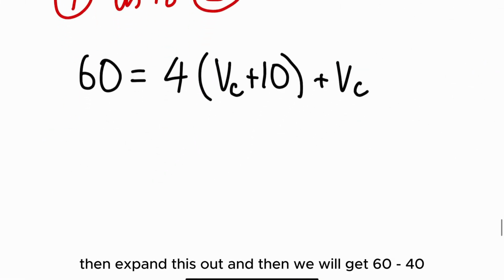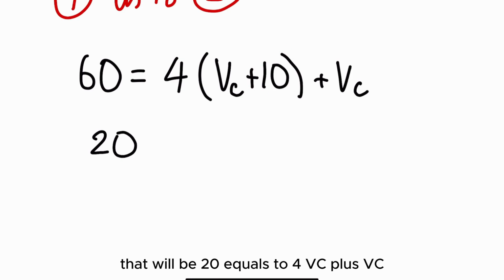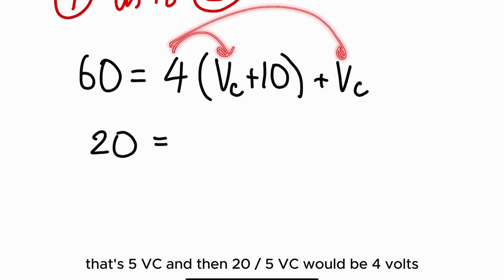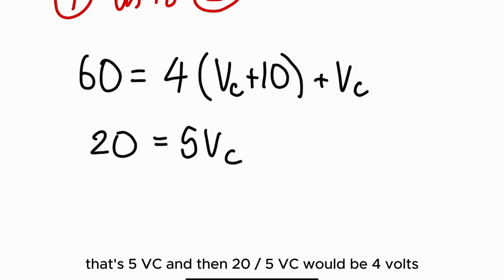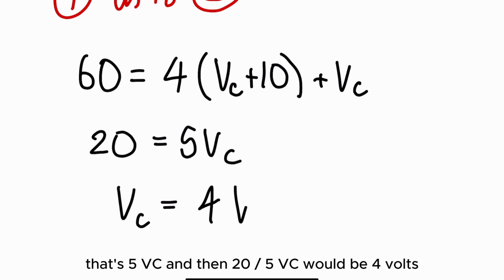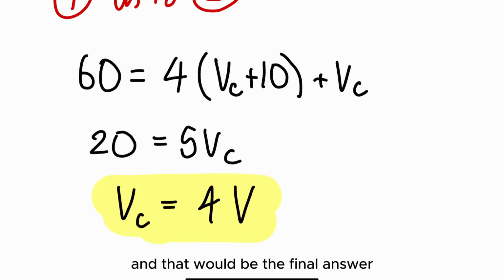Then expand this out, and we would get 60 minus 40, that would be 20, equals 4VC plus VC, that's 5VC. And then 20 divided by 5, VC would be 4 volts. And that would be the final answer.